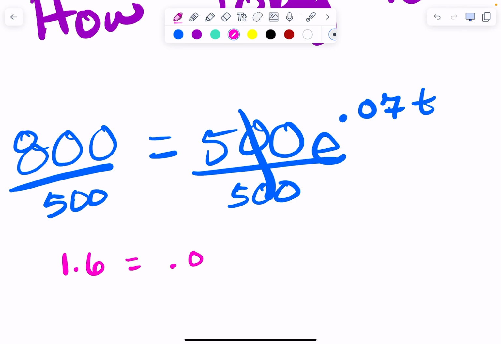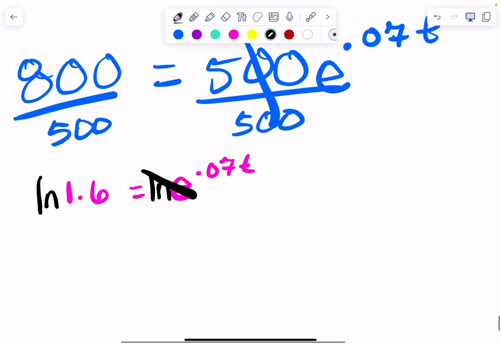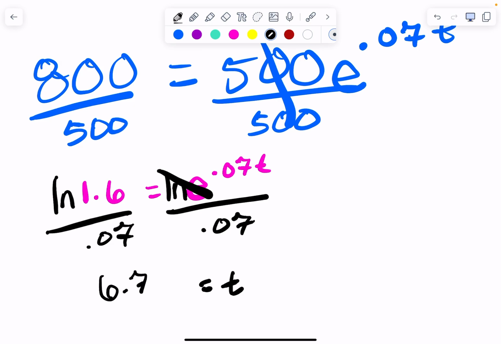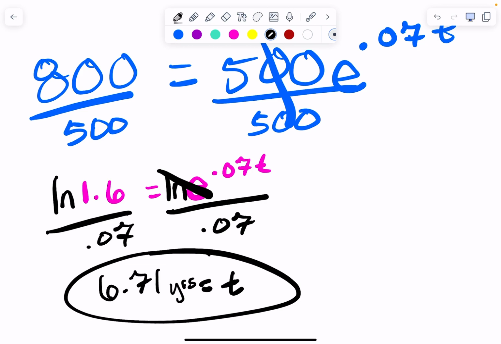Now we take ln. What's ln of 1.6? 1.7 something. And then you divide by 0.07. T is how long? 6.71 years.